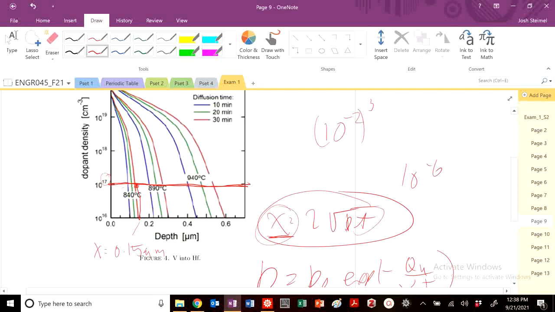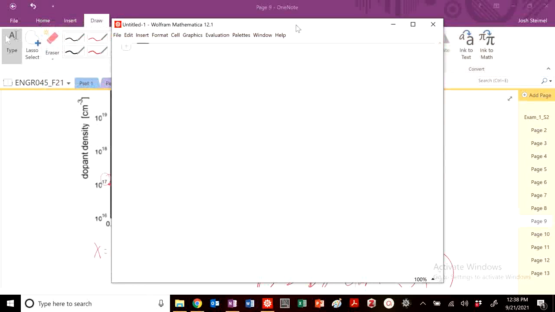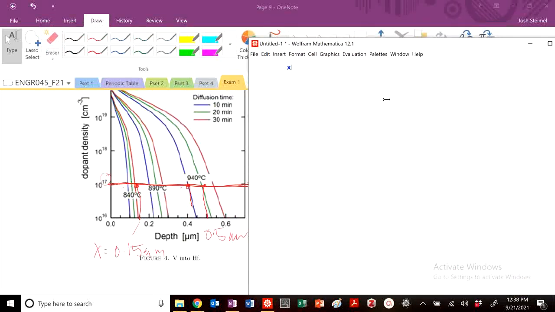I'm going to pick this condition here, because that's about 0.5 micrometers. So I have my x1 distance equals 0.15 times 10 to the minus 6, and my x2 distance is equal to 0.5 times 10 to the minus 6.